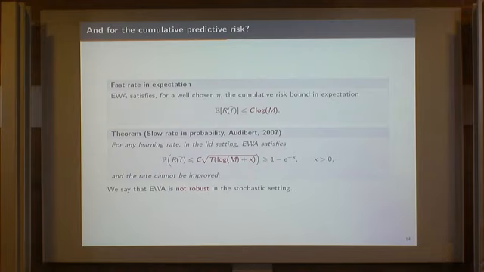But Olivier in 2007 shows that EWA does not work with high probability, and that's in a stochastic environment. What should be seen as the definition of robustness is that in a stochastic environment, you need such a bound, such a rate of convergence, or such a bound on the predictive risk, to hold with high probability.